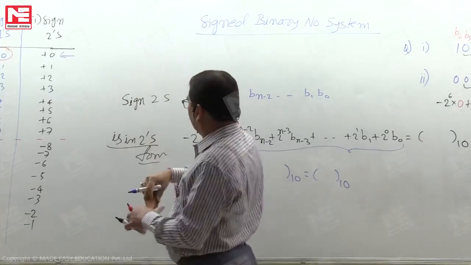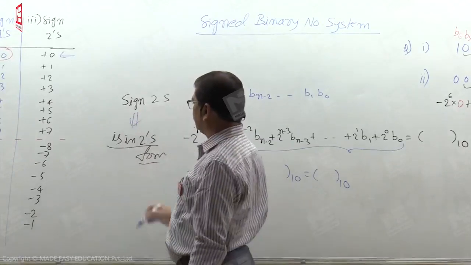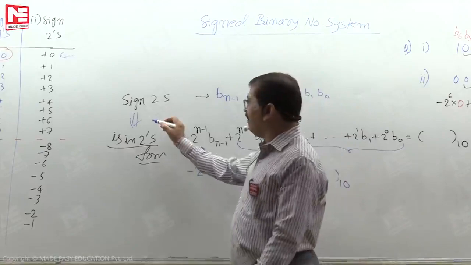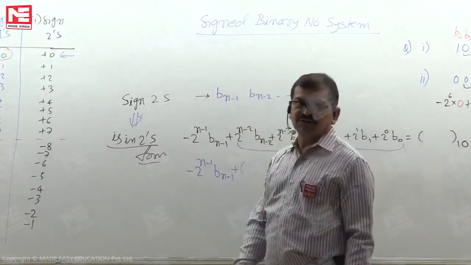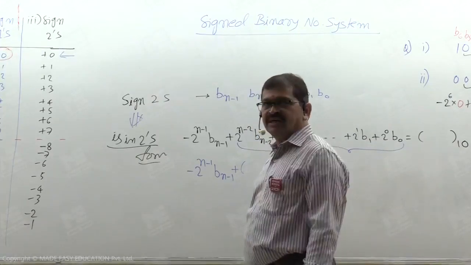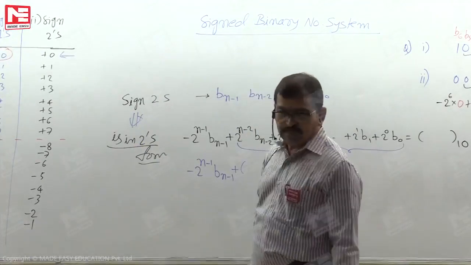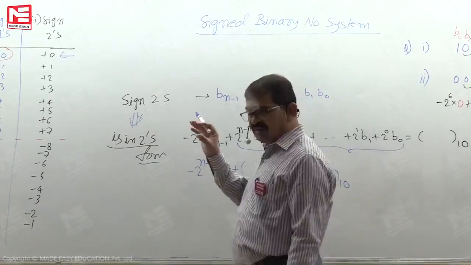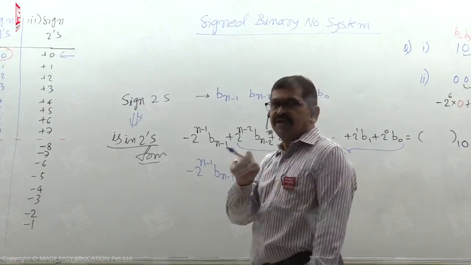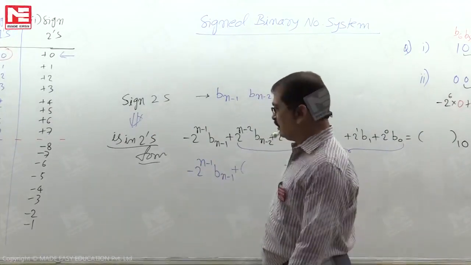Whether it is mentioned as signed 2's complement or simply as in 2's complement, the meaning is the same. Even without the word sign, the meaning is the same. Once the description says 2's complement or 1's complement, by default it is indicating only signed 2's complement or signed 1's complement respectively.